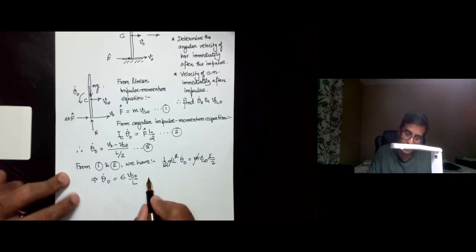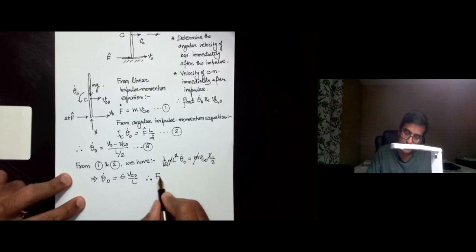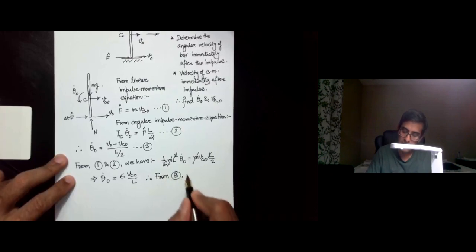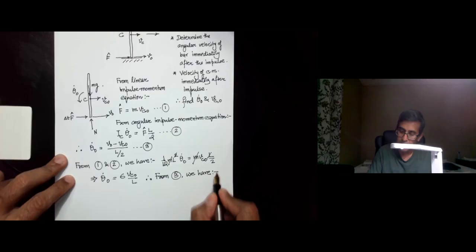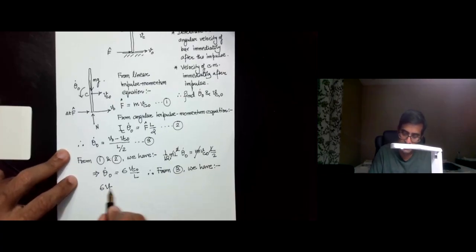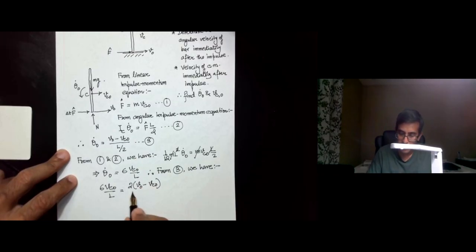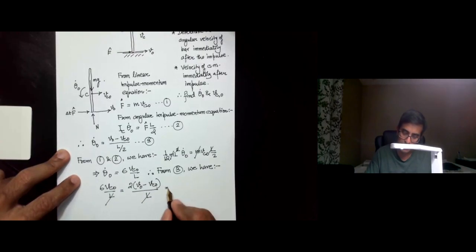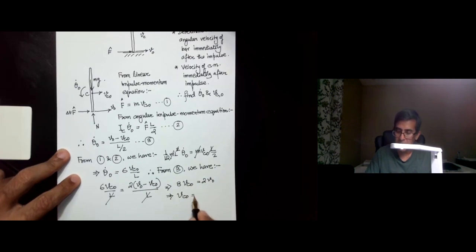Now we can substitute this here. So from 3 we have 6 times vc naught over L is equal to 2 times v naught minus vc naught divided by L. So we cancel L from both sides, and we have 8 times vc naught is equal to 2 times v naught, which means that vc naught is equal to 1/4 of v naught.